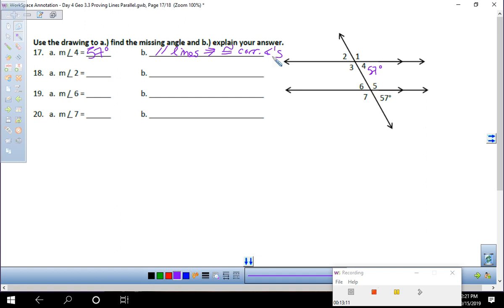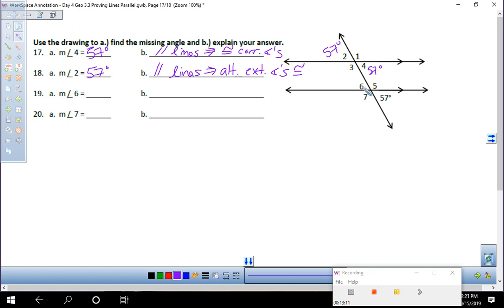Okay, then they want me to find angle 2. So angle 2, I've got a couple different options. I can say vertical angles, 2 and 4 are vertical, or from 57, those are alternate exterior. So either way you want to look at that for the justification is fine, does not matter to me. So I'll just say on this one, because of my parallel lines, I've got alternate exterior angles that are congruent.